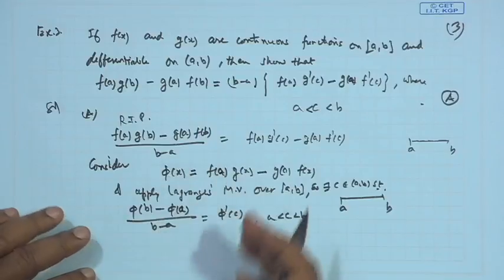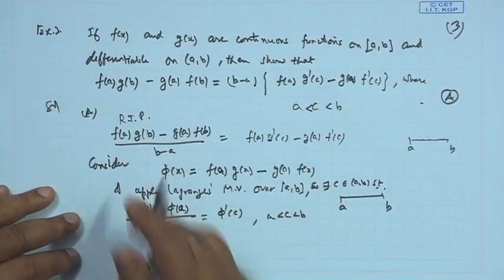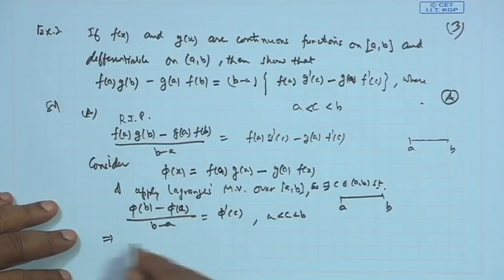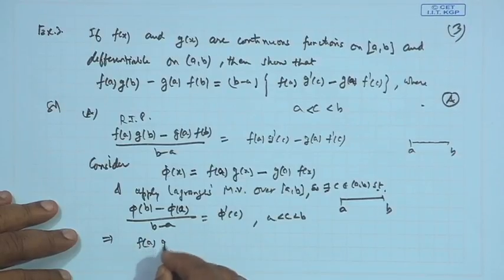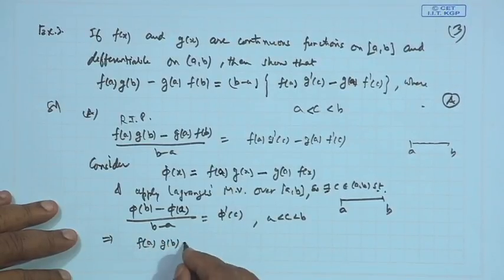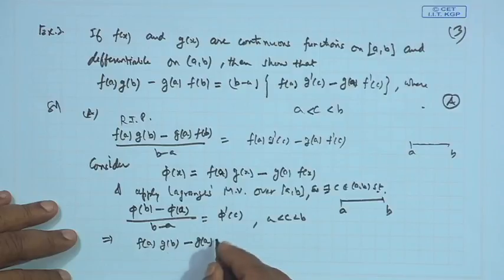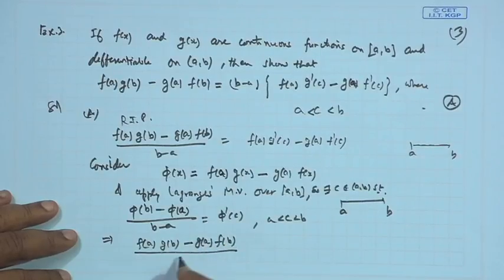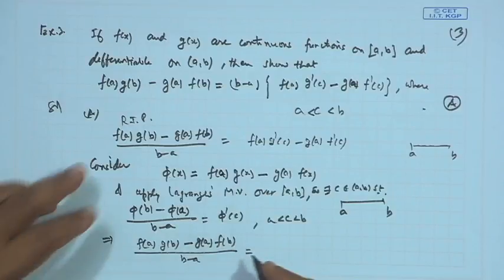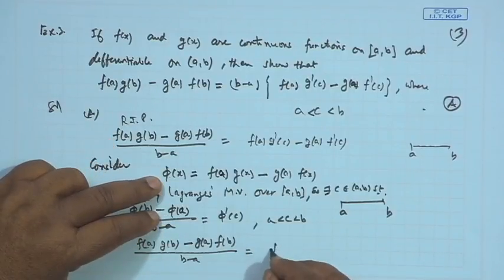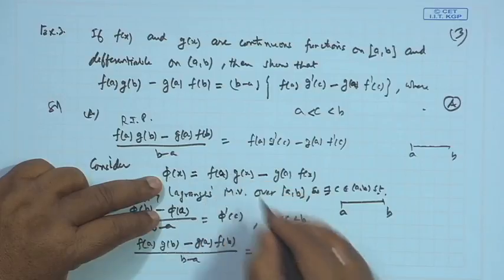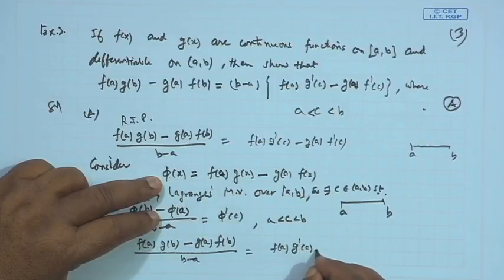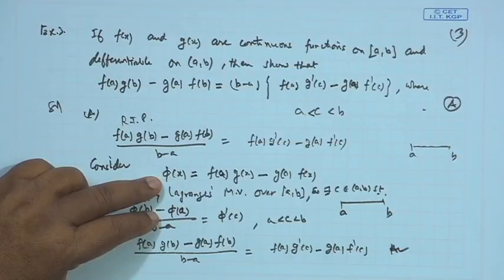Now, substitute the values and get the result. Phi of b means f of a g of b minus g of a f of b, divided by b minus a, and the derivative of this function is f of a g prime x. So, f a g prime c minus g a f prime c, and that is the answer which we wanted.